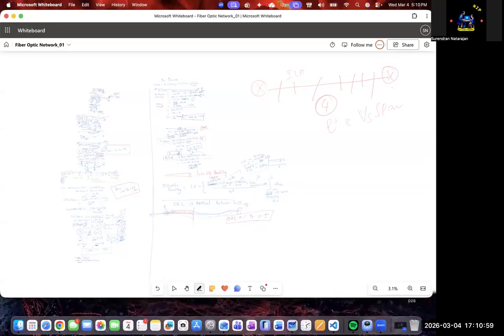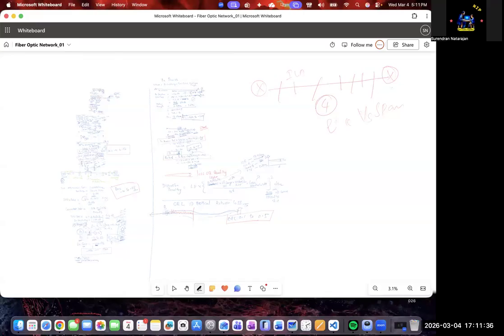For a span, it can be between transmitter and receiver, or transmitter and ILA, or ILA and receiver. But a link is A to B, end to end, where you ultimately want to reach. So we have to calculate for the link then? No, you limit yourself to the span for now. We will go with the link afterwards, in the final stages.